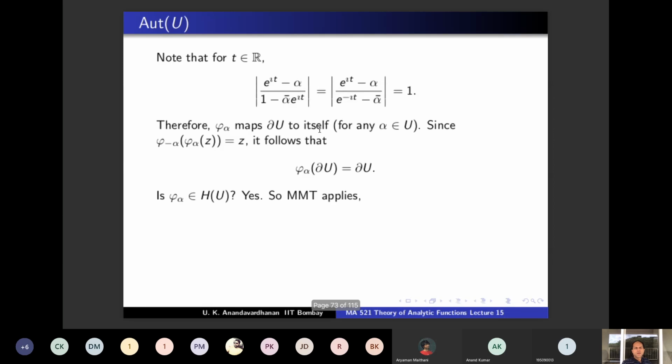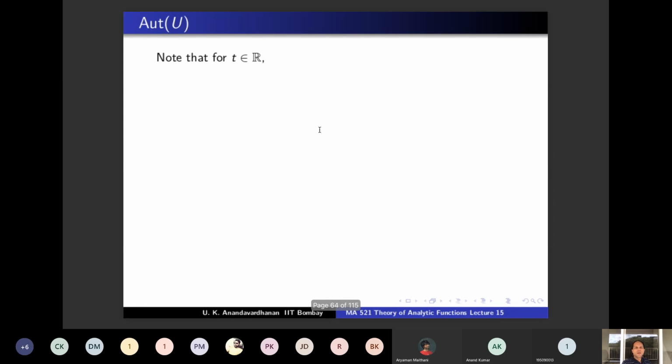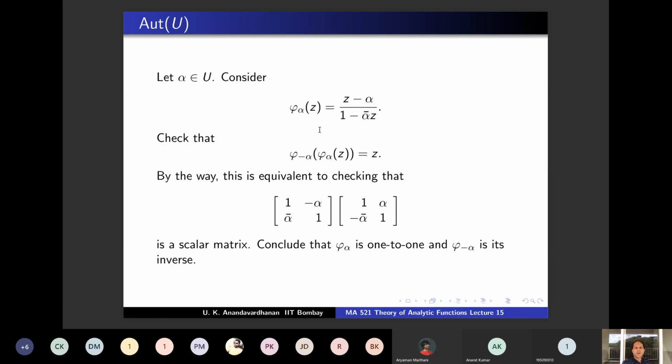Let me go ahead. Is it clear that this is a bijection? You just have to say that this is 1-1, but we have shown that phi alpha is 1-1. Now we have shown that phi alpha of U is U, it is onto U. So phi alpha is a bijection. And once you have a bijection, then the inverse being holomorphic is automatic, right?